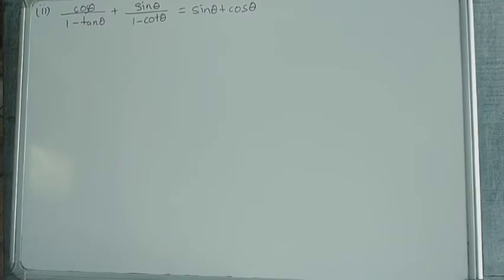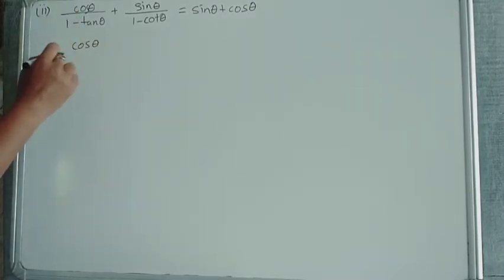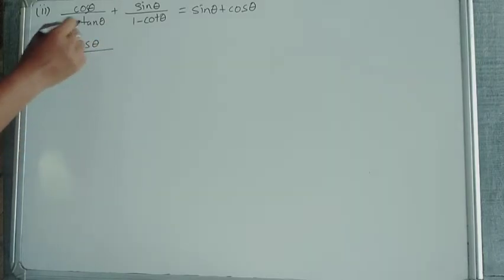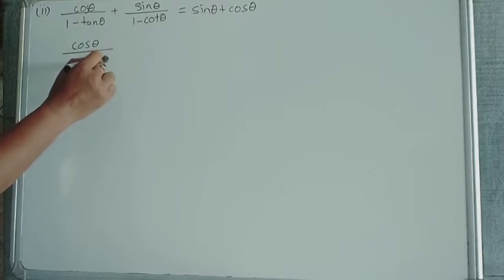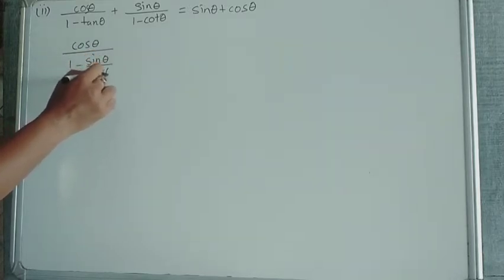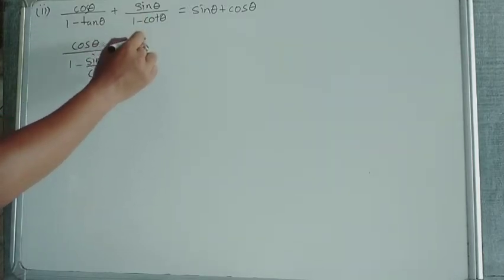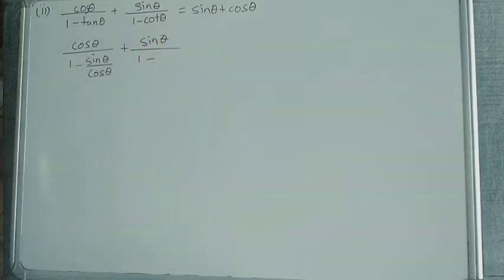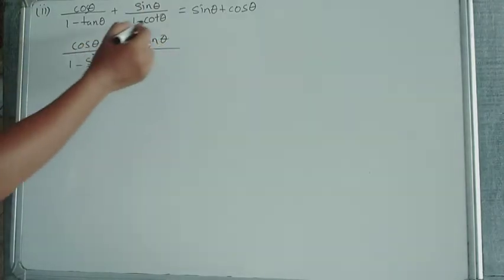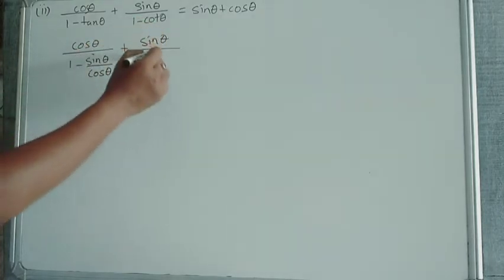So in this question, what we will do, cos theta by 1 minus tan theta we know is sin theta by cos theta plus sin theta. I am going a little faster because your concept should be clear now. If you have any doubt, you tell me.